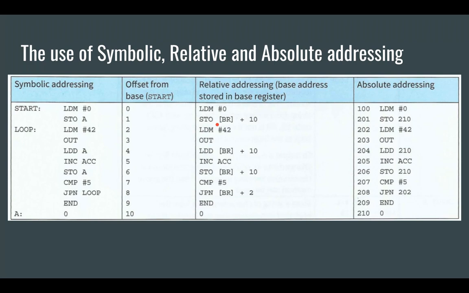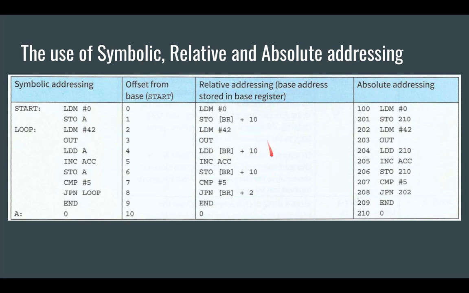Then we need to store this at the position BR plus 10, which is, if we look down here, 0, 1, 2, 3, 4, 5, 6, 7, 8, 9, 10. So the 10th line, actually the 11th, because we start indexing at 0, is this last line here. So the base register plus 10 is indicating that we're actually here. So you can see all the way through where this was being used.